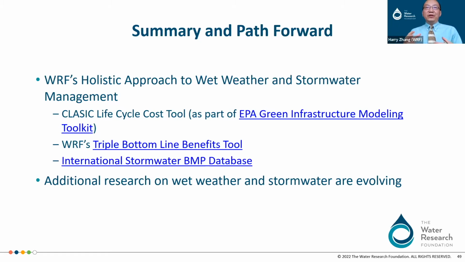When we build a tool, if you want to go beyond the US, for example Canada, you have to incorporate some of the layers, because this is a cloud-based system. Right now the tool needs a little bit of customization to do that. So if you just ask, can the CLASIC tool right now be used for regions beyond the US, the answer is not directly, but I think you can do it.